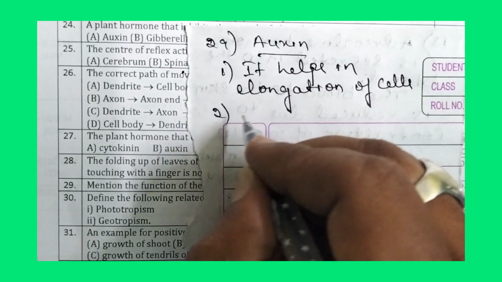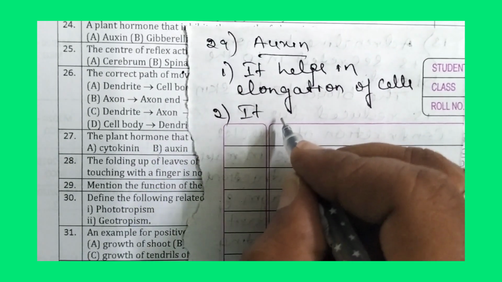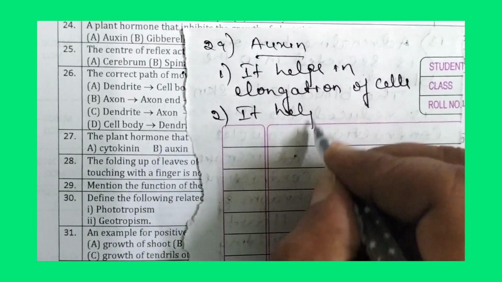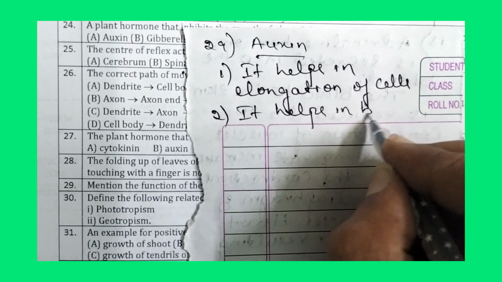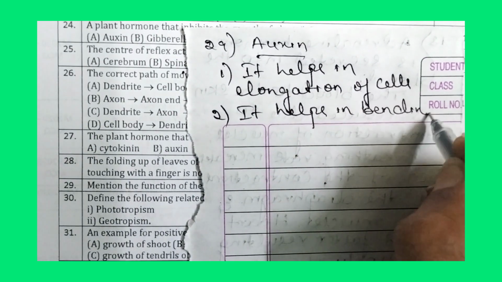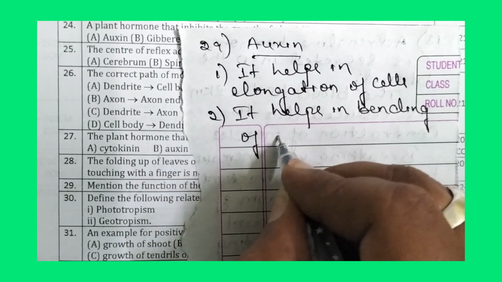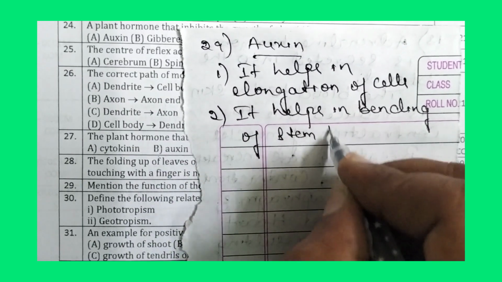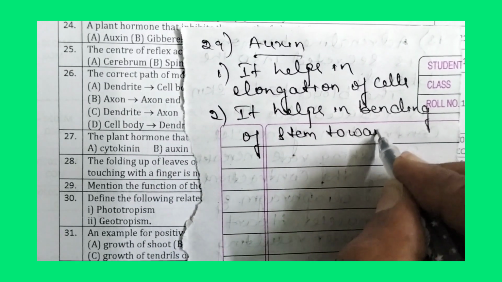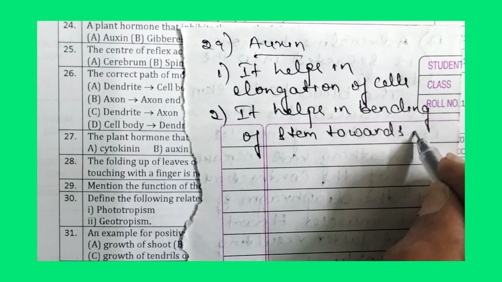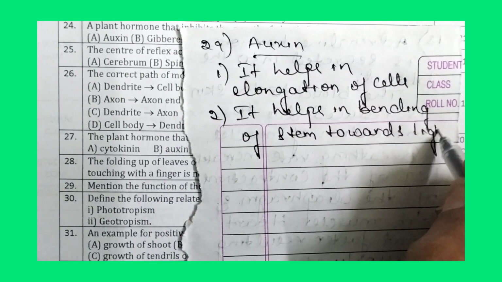The second function, it helps in bending of the stem towards light, or it helps in phototropism.